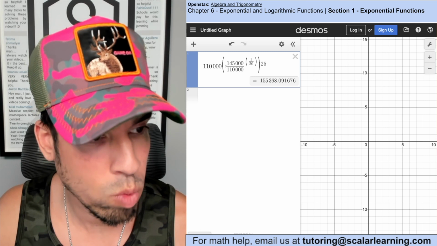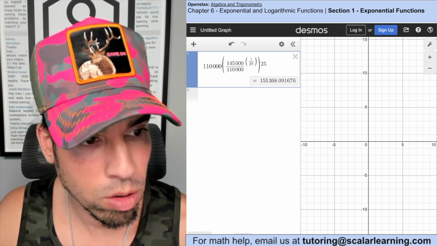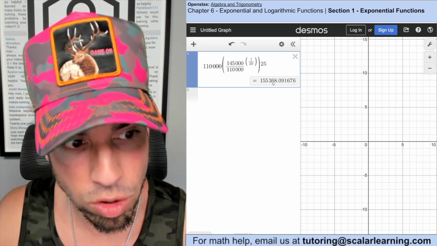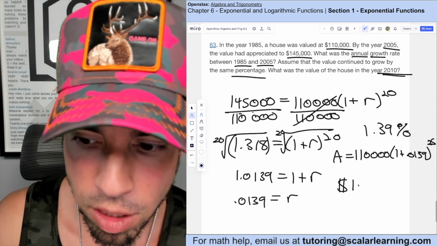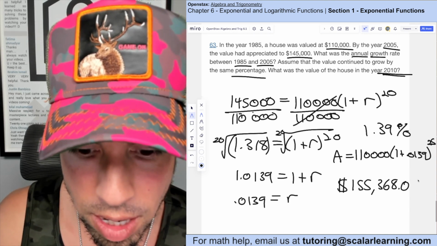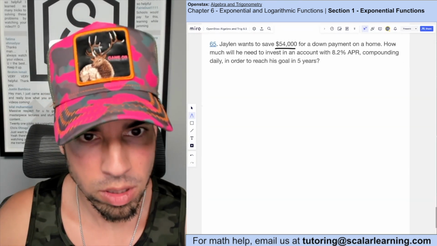This gives you the 1.0139, etc. And there we have that plugged into the 25th power, and we get 155,368.09. So the value is $155,368.09. Boom, done.